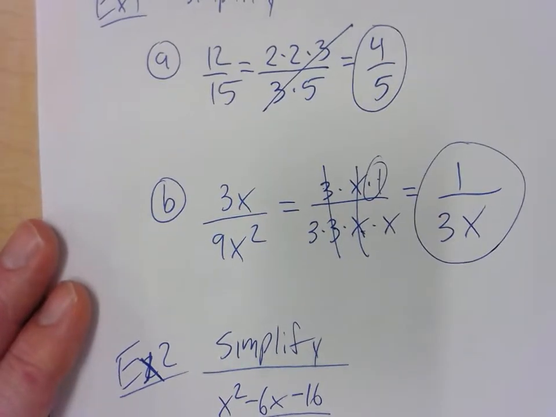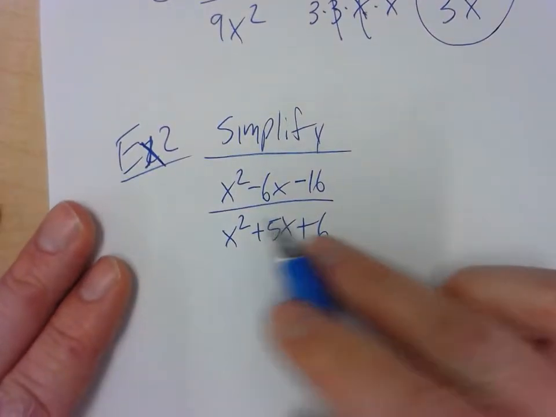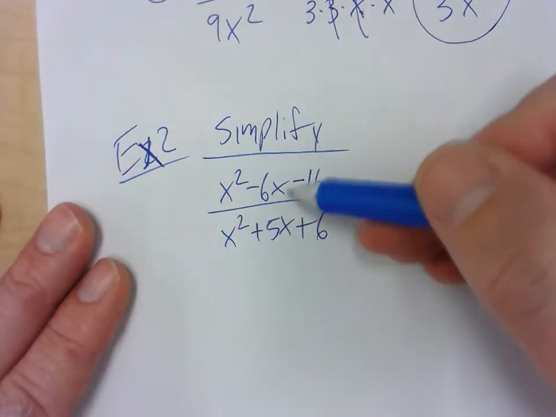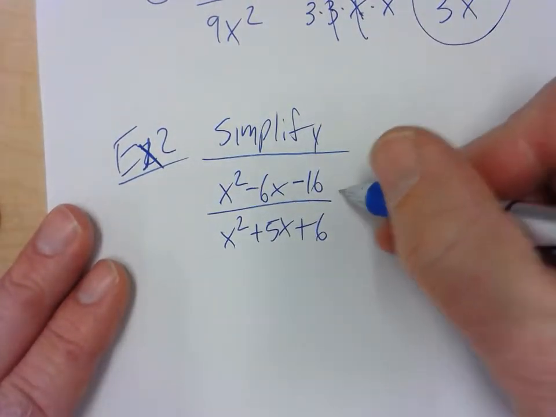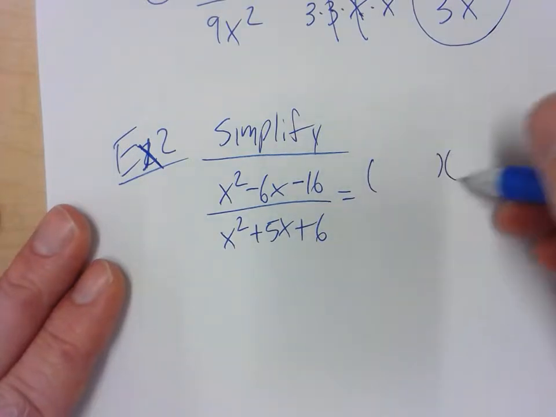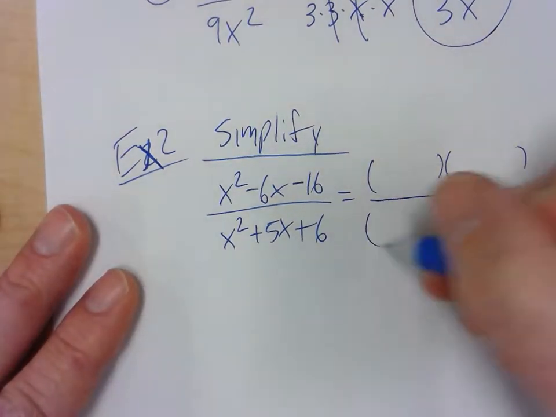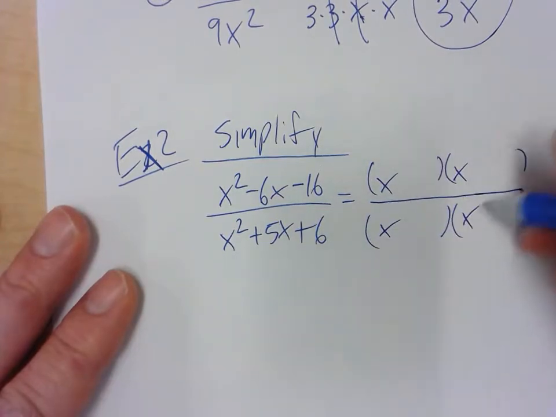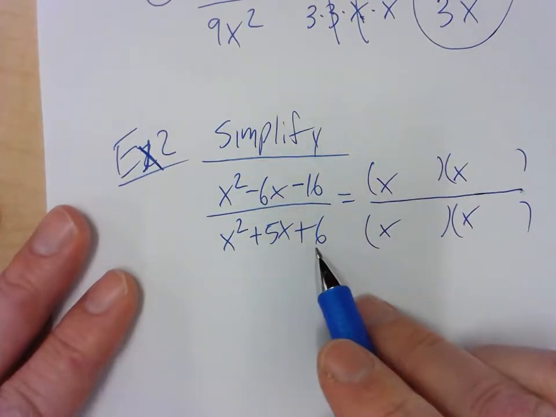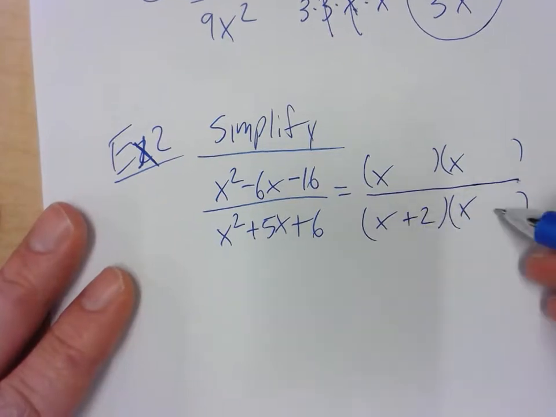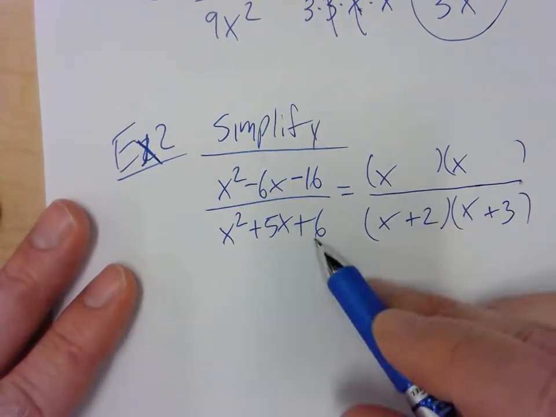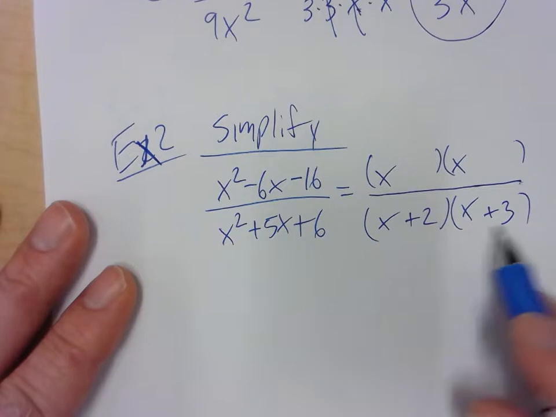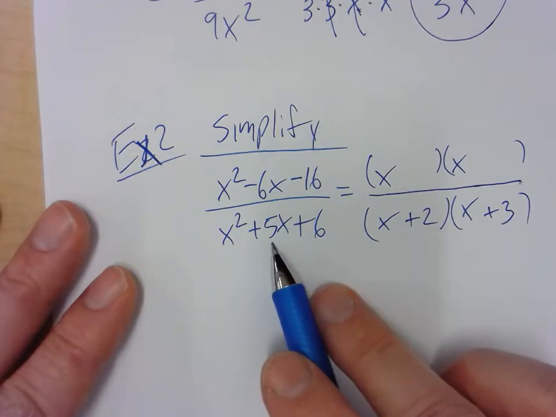Okay, now, when it looks like this, we can still do the same thing. We can't cancel this way. We have to cancel out like factors. So the first step is to factor. So 2 sets of parentheses, put in x in each. So we're going to make this 2 and 3, so plus 2 and plus 3. 2 and 3 make 6 by multiplication, and 2 and 3 added together makes the 5.